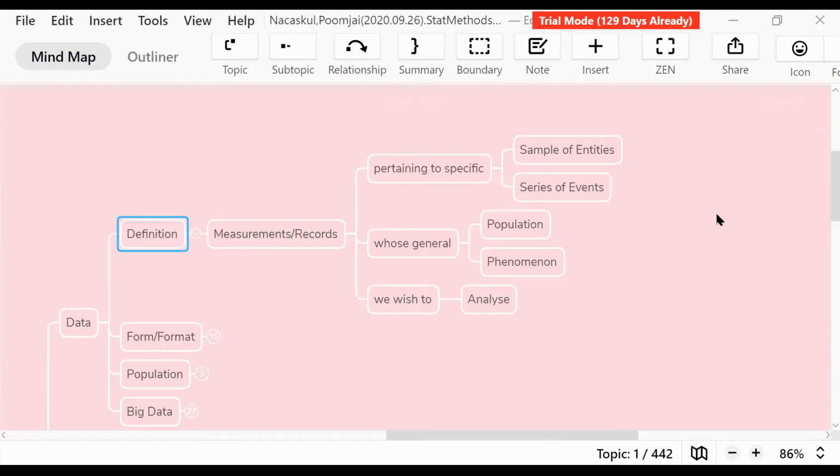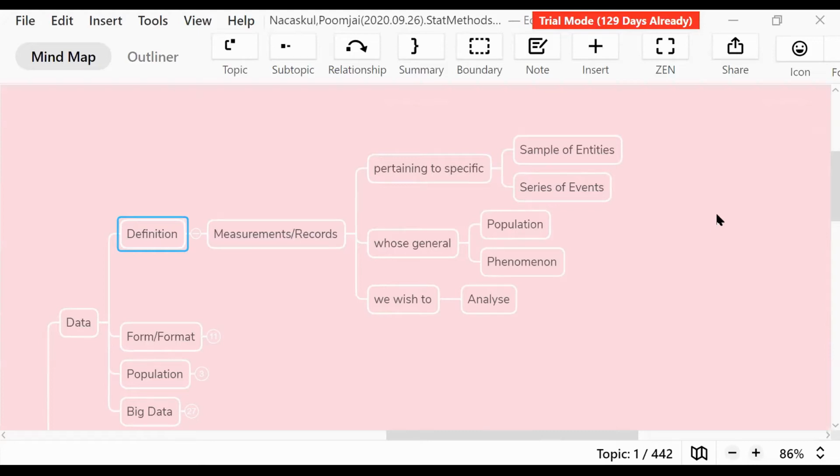So it's not population, it is phenomenon. Same thing if you analyze stock or equity prices in history, using historical prices to predict the future price: the population is all possible future prices.